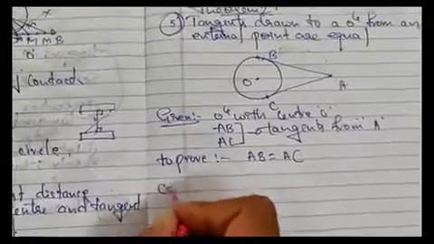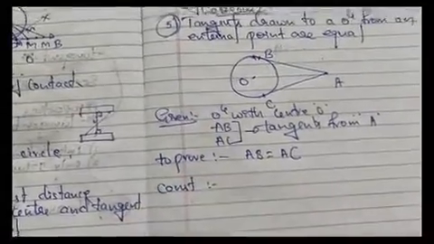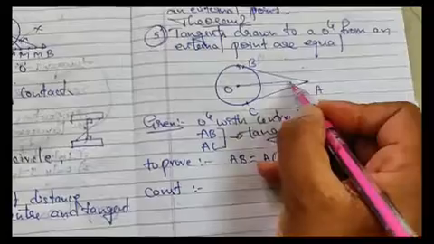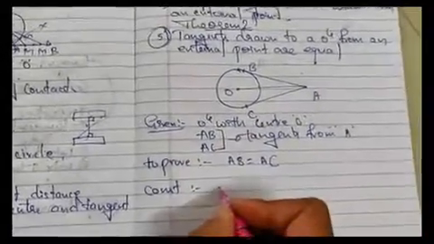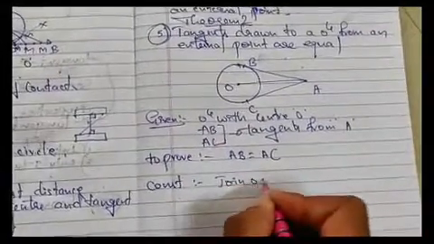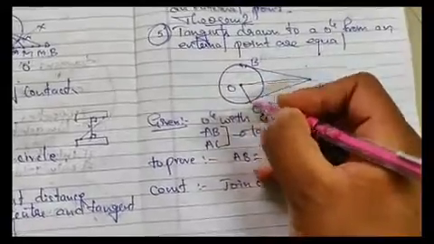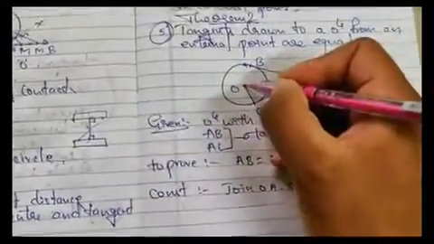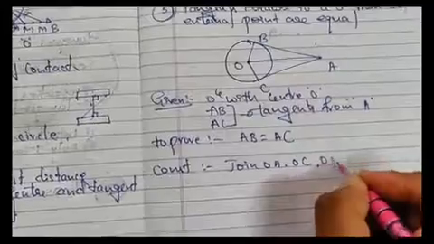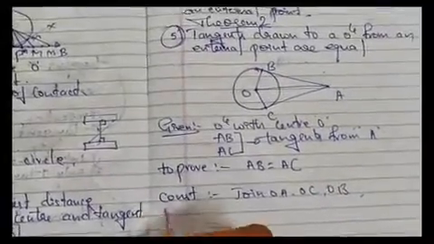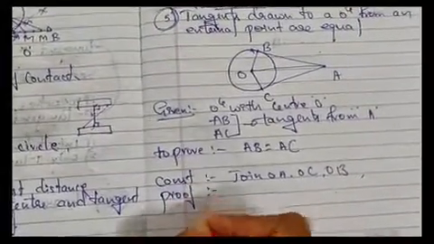So again we will need a small construction. Just tell me, what did I join? I joined OA, next OC, next OB. Let us prove the theorem.